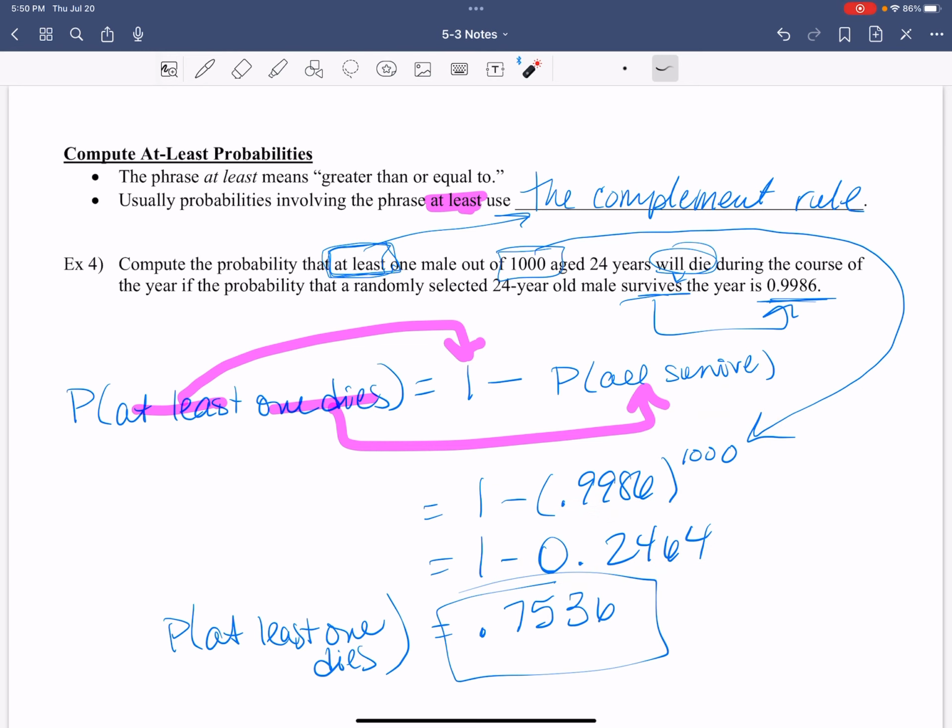So the probability that at least one of those 1,000 will end up dying is about 75%, 0.7536. But the key to this is anytime that you set this at least up, you know it's a complement, then you say dies, then you're looking at who survives. Everything over here is always the opposite of what you're looking at. Okay, that's at least. That's what you're looking for.